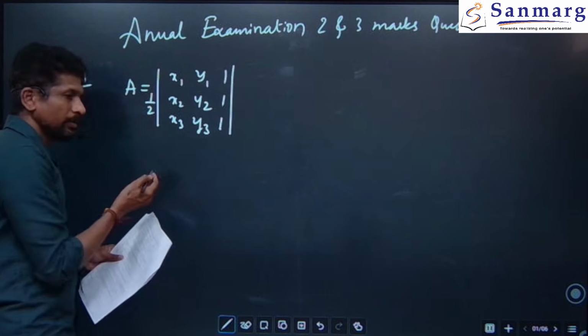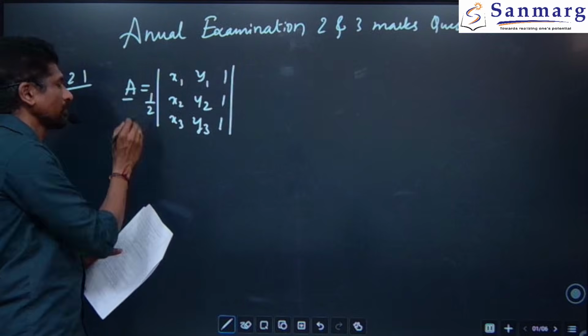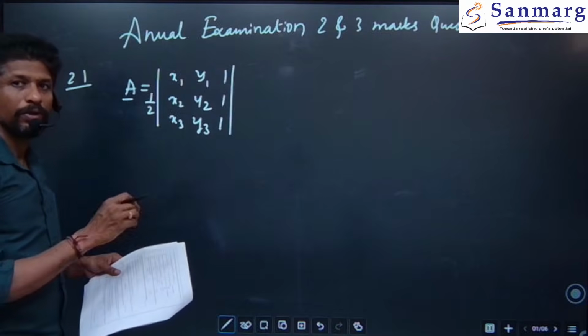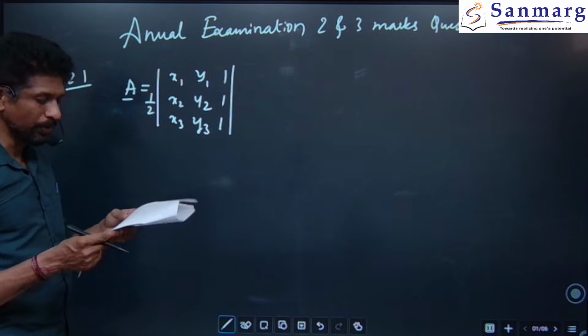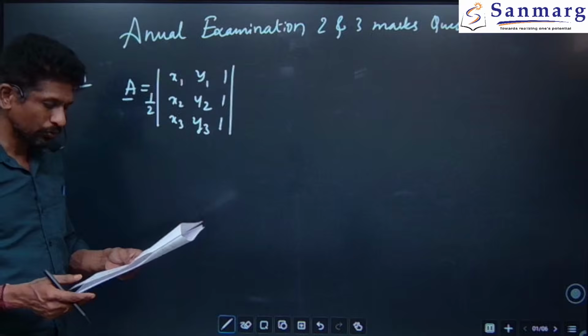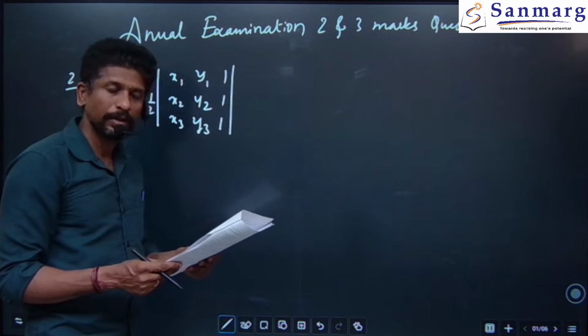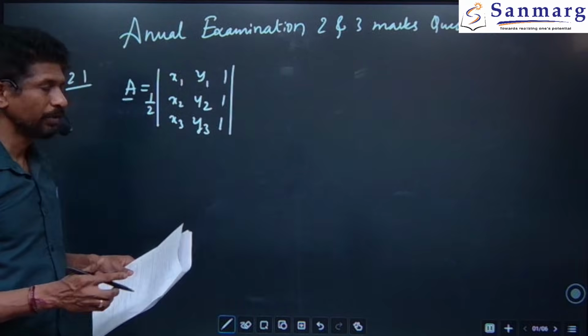They may ask to find the area of the triangle, or find the equation of the line, or find the value of k. Among these three, only the first question will be up here. In the first model question paper, they have given 2 vertices and are asking to find the equation of the line joining the points.